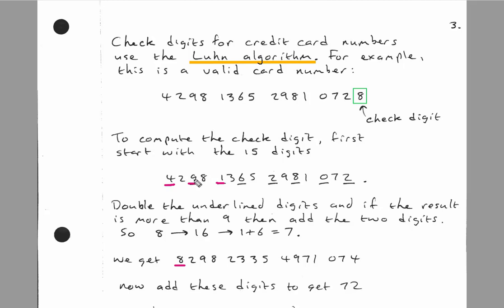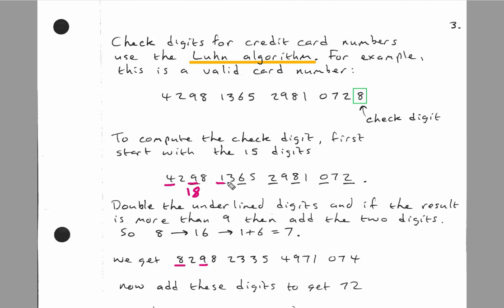We multiply the 9 by 2 and get 18, but any number bigger than 9, we add its digits. So 2 times 9 is 18, that's too big, so add the digits: 1 plus 8 is 9.